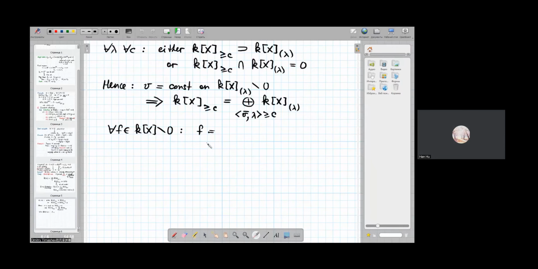We can decompose this f as a sum over i of f_i's, where each f_i is a non-zero vector in one of these irreducible submodules, say of highest weight lambda_i.